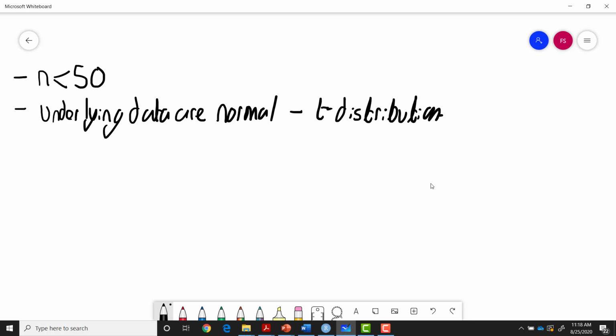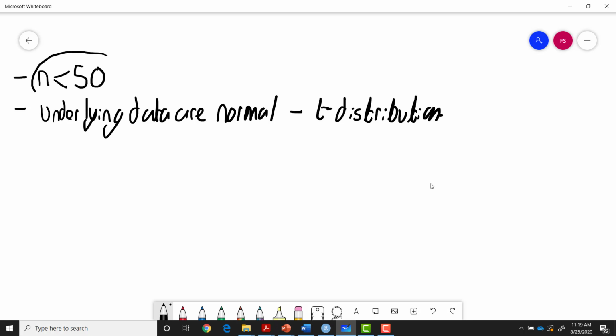Interestingly, this was invented by William Sealy Gosset, who was a brewer at Guinness and wanted inference on, maybe, a small number of barrels of different types of beers, so he needed small sample statistics. So if the underlying data are normal and we have a smaller sample size, we can use a t distribution.